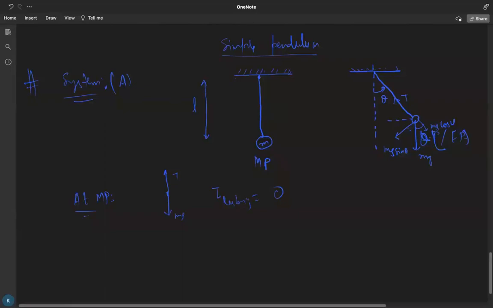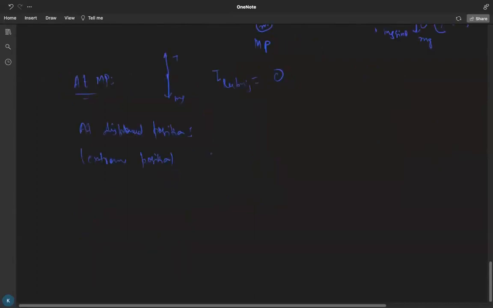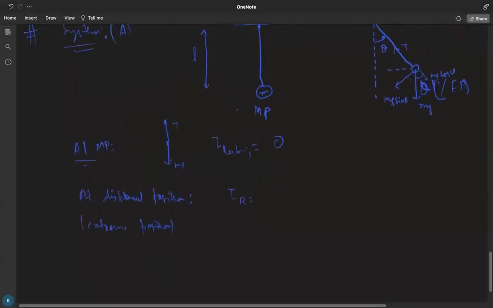Now we have to write at the displaced position. As I'm taking the restoring force in this SHM, in angular SHM we have to take the restoring torque. So at the displaced position, or you can say the extreme position, the restoring torque is equal to, let me show you here.